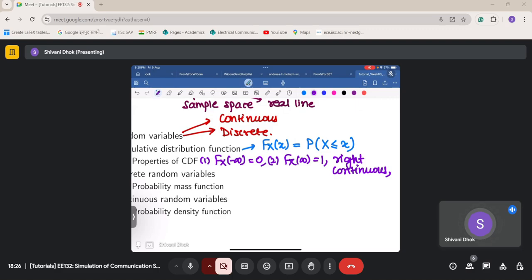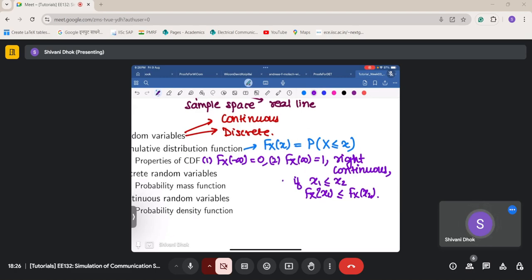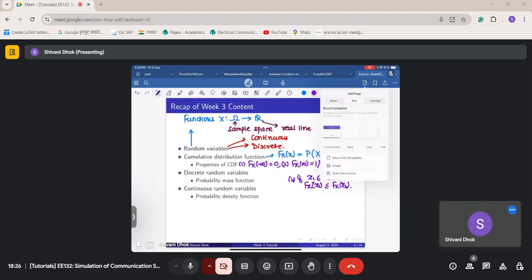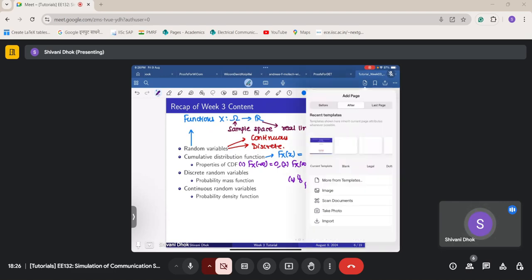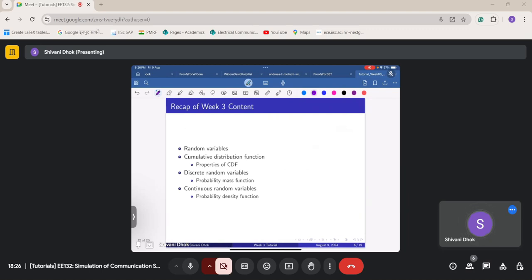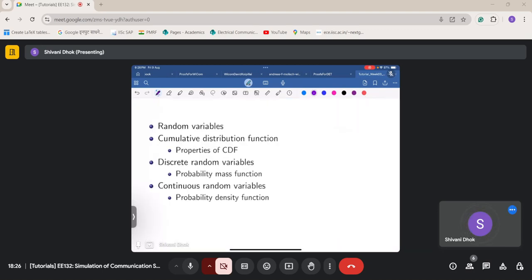And then, if x1 is less than or equal to x2, then Fx of x1 will be less than or equal to Fx of x2. That is monotonicity. So this is the fourth property, and right continuity is the third property. These are the four defining properties of a cumulative distribution function. Any function that satisfies these four properties corresponds to the CDF of some random variable.